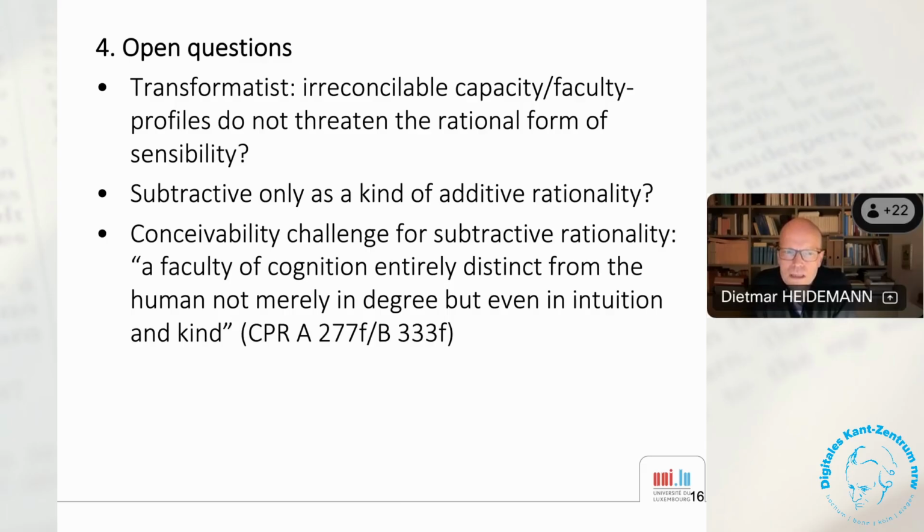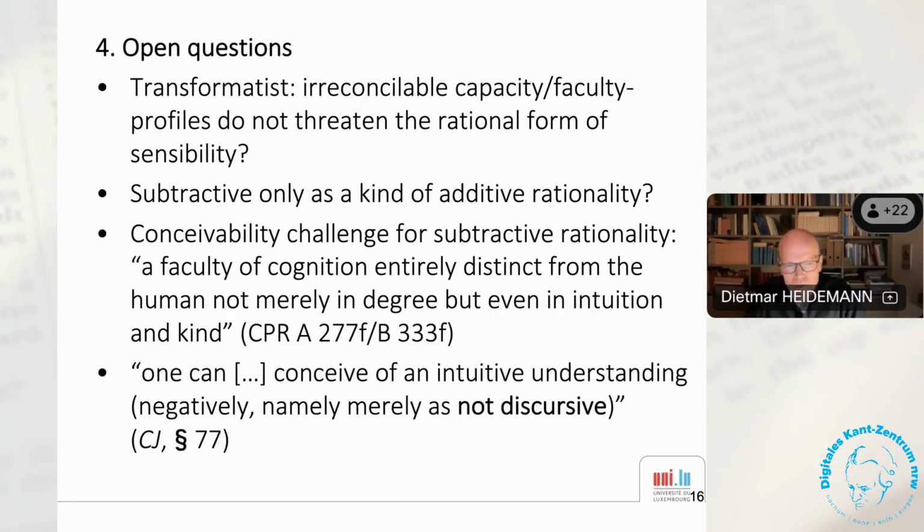How could we even conceive of this, of the logical possibility? Not to mention the real possibility of such an intuitive understanding. So is it actually at all legitimate to then derive from that non-human kind of rationality, the intuitive understanding, human rationality, as being composed of non-rational and rational faculties and capacities?